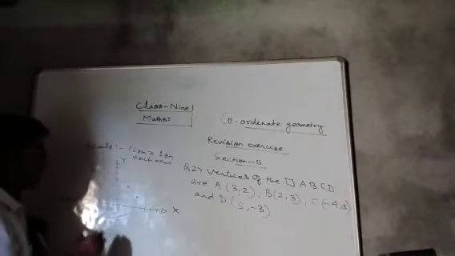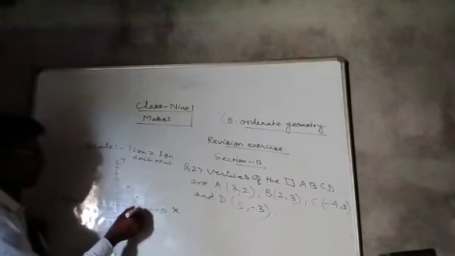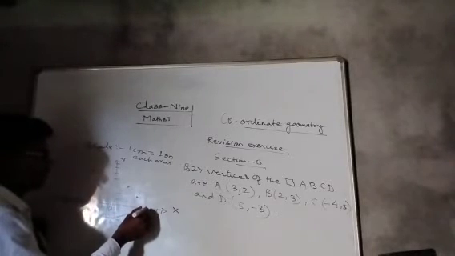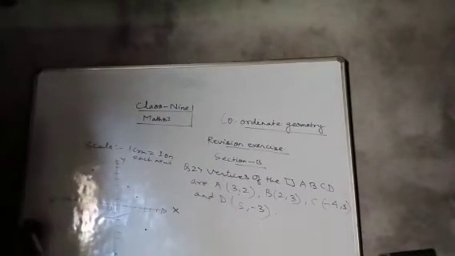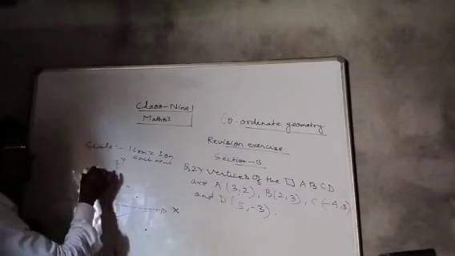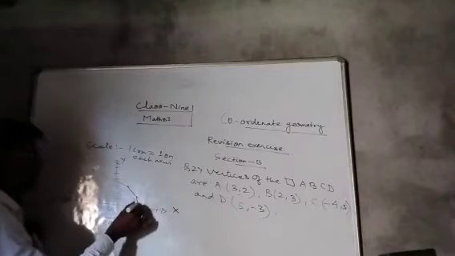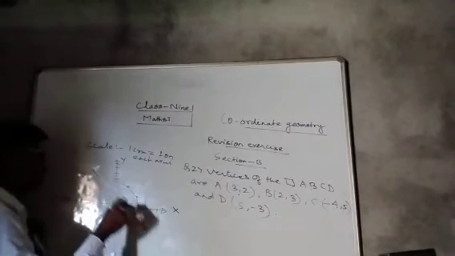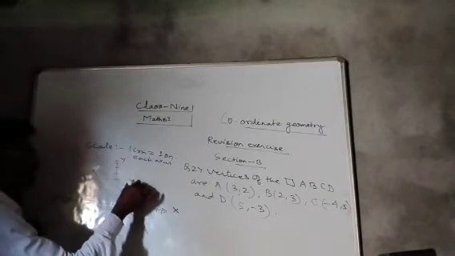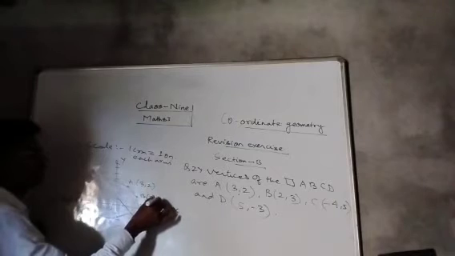Next 5 comma minus 3, on this side. We have to join all these points to get the quadrilateral. So in this way you will get a quadrilateral. Say point A 3 comma 2, point B 2 comma 3.